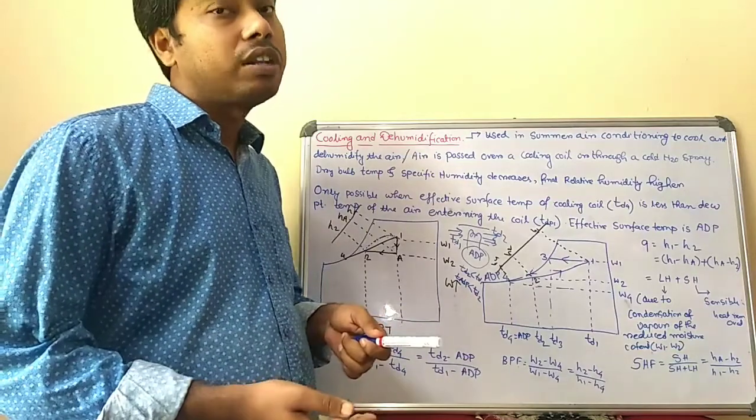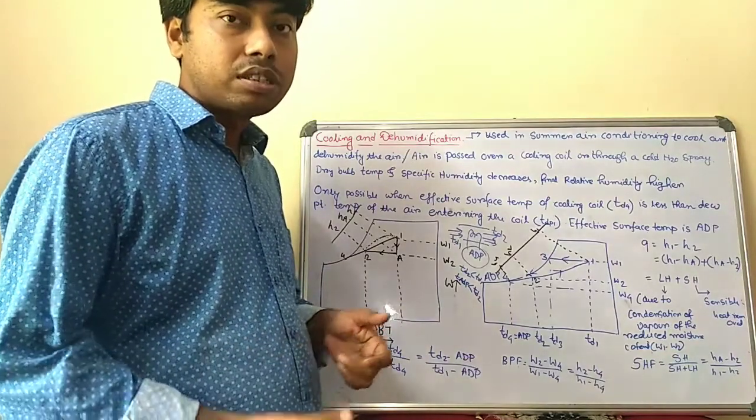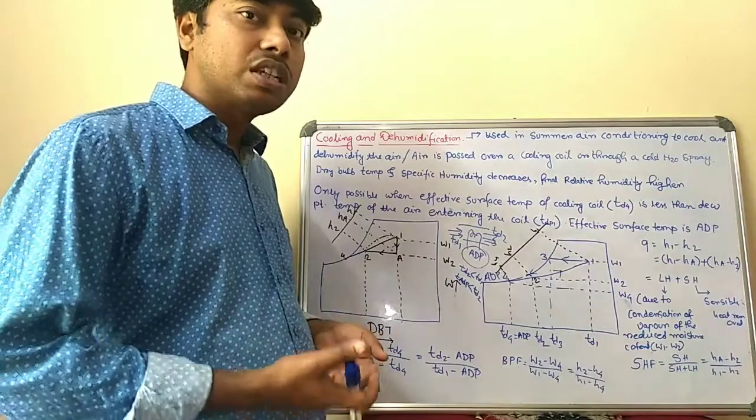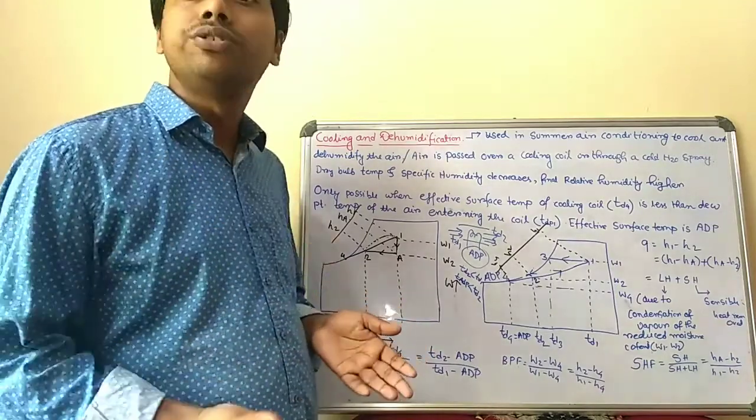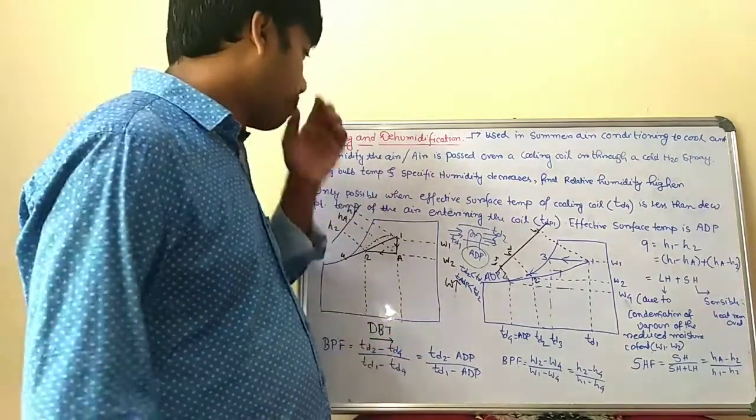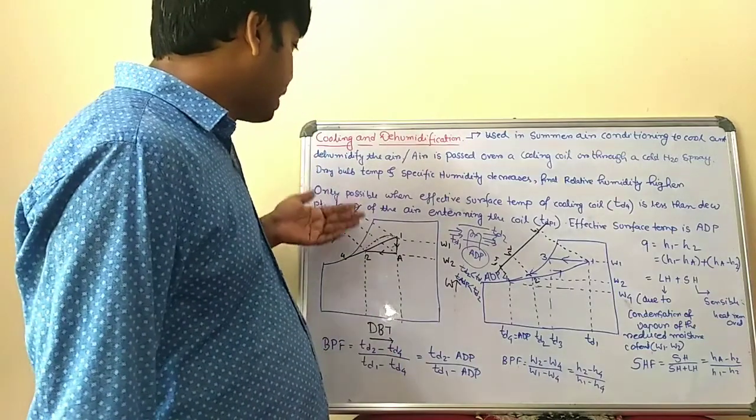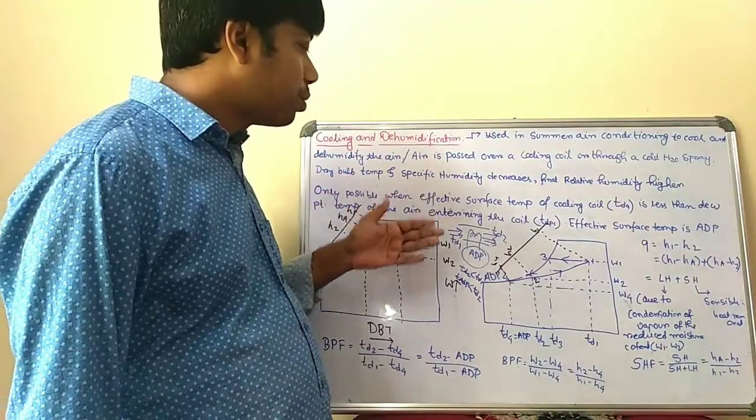Okay, then it is only possible through the condensation process, so that some moisture is removed and the dehumidification process is complete. Now in this process, the dry bulb temperature as well as the specific humidity decreases.